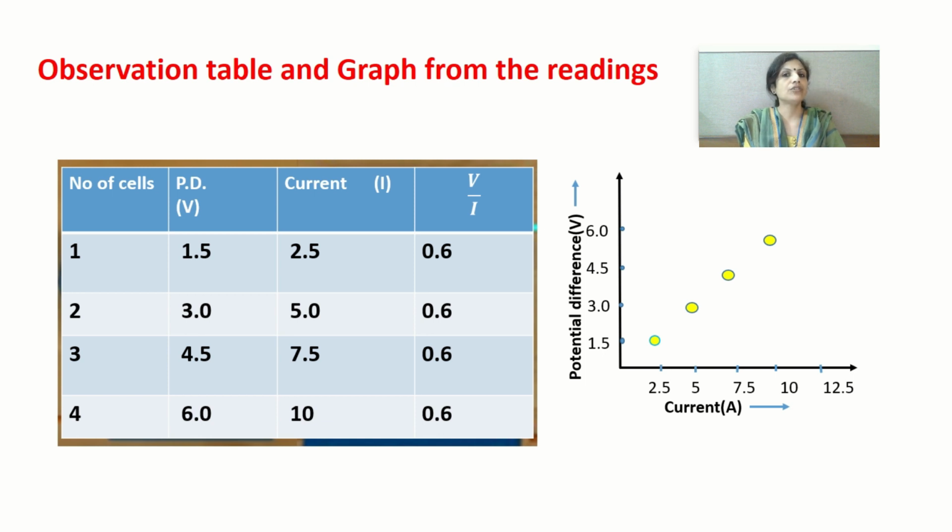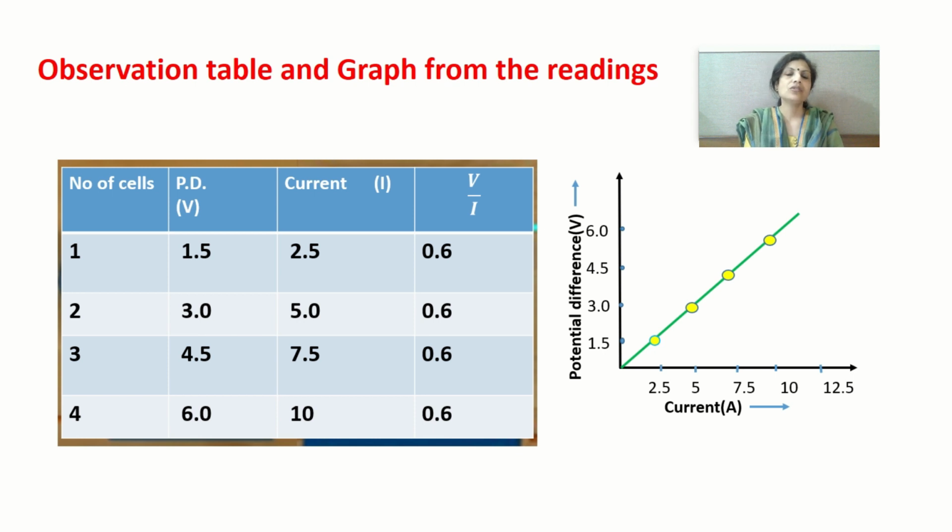If you try joining these points with the help of a line, you will observe that you get a straight line passing through the origin. This line shows that the potential difference and electric current are directly proportional to each other.